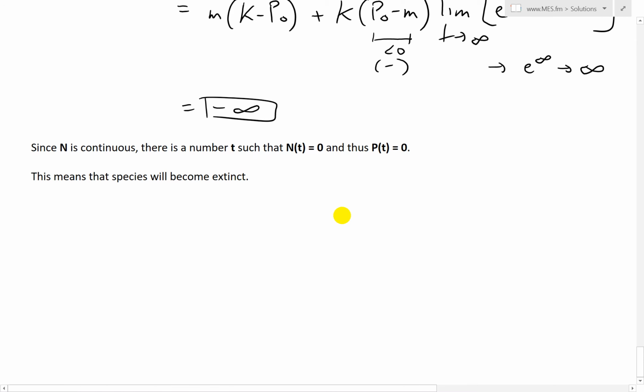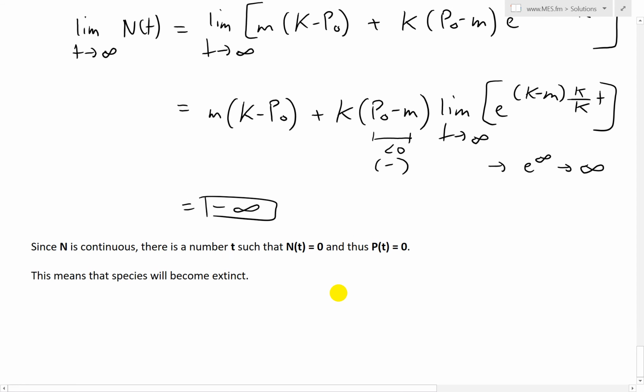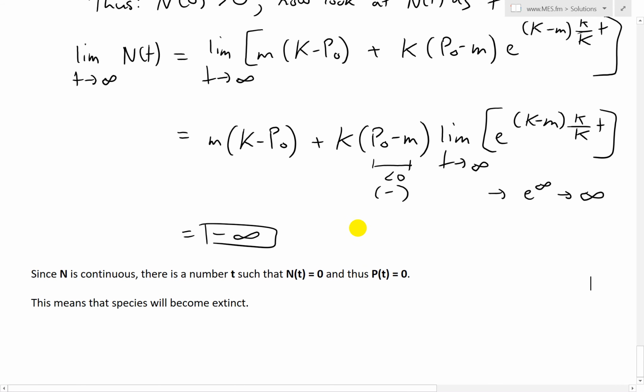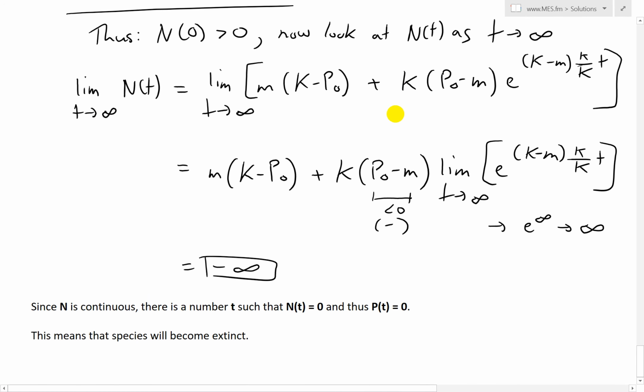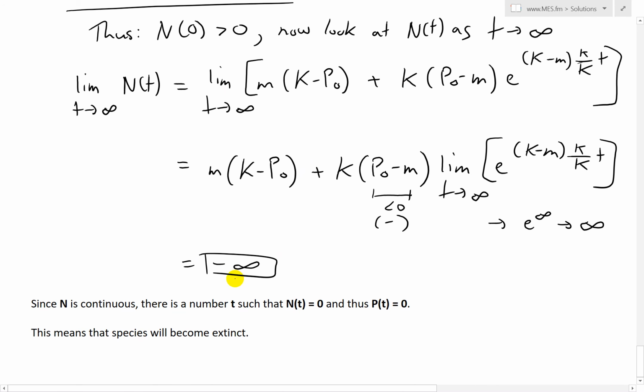Then since it's continuous, there has to be a number t such that n of t is equal to 0, or the numerator is equal to 0, and thus the entire equation there is equal to 0. And that's because initially the numerator is greater than 0, and then in order for it to mathematically go to negative infinity, it needs to cross that 0 mark.